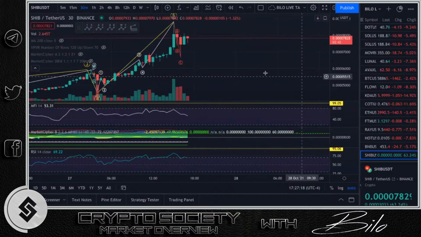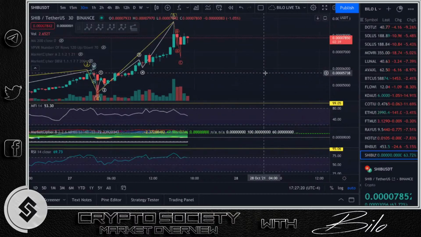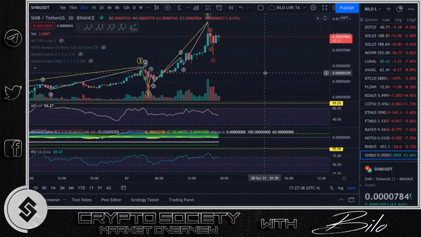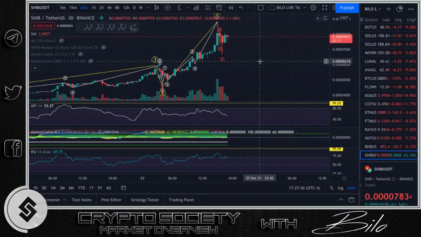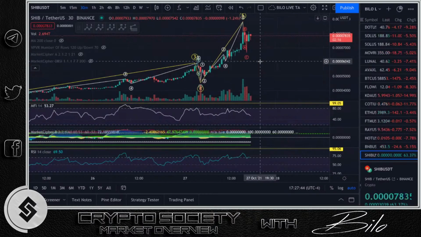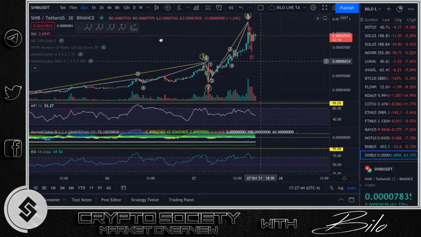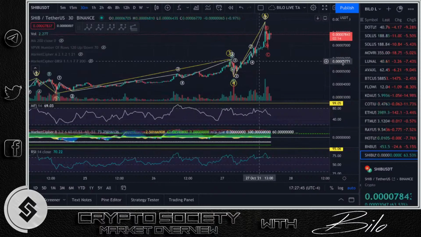So actually, the person who requested the SHIB wave count is in the chat, and they said that they want to sell it soon, depending on your wave count. Well, judging by that, as long as Bitcoin doesn't go down much lower and the hype continues, then, no financial advice, but maybe you should just keep hold of it for the time being, because you never know where this thing could go. If it's starting a whole new wave count from the beginning, then actually it could go completely bananas.